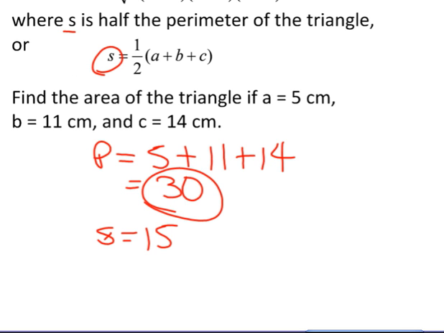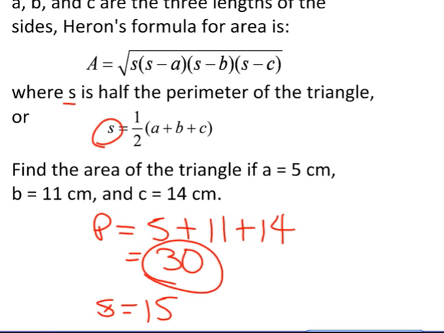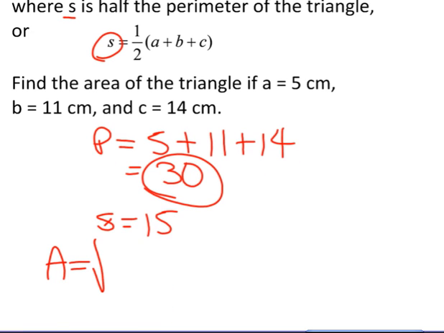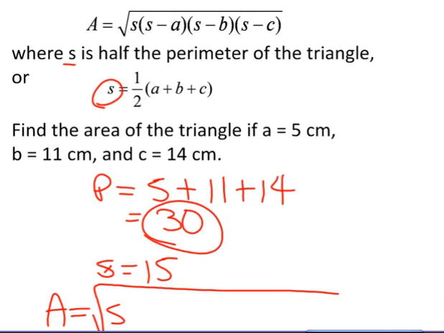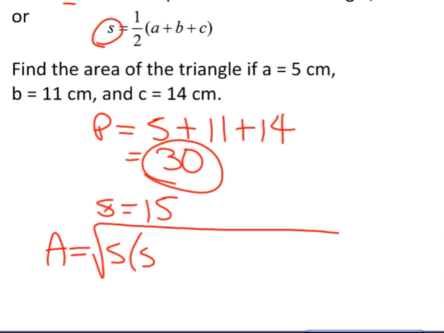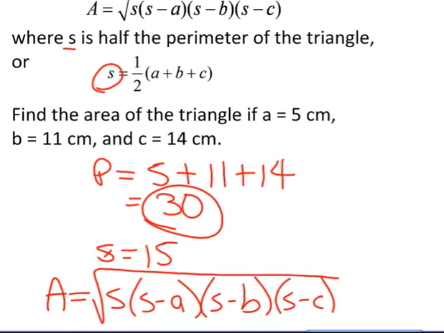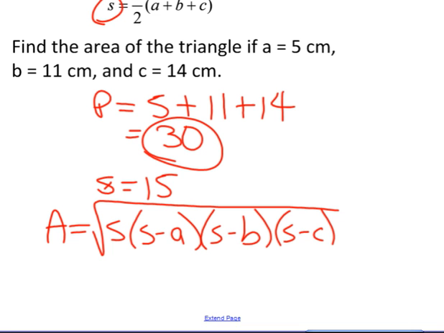So let's go back to the area formula. Area is equal to the square root of S times, trying to remember the formula, S minus A, S minus B, S minus C. And plug in your numbers.